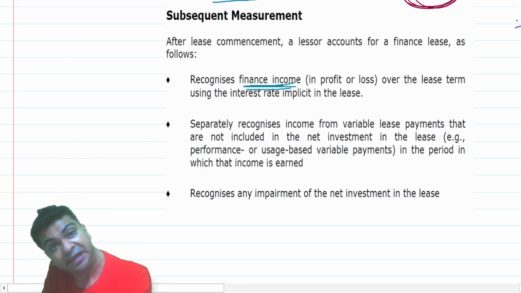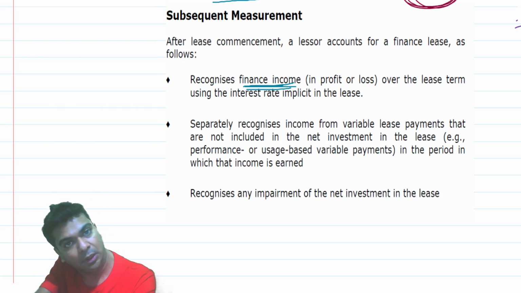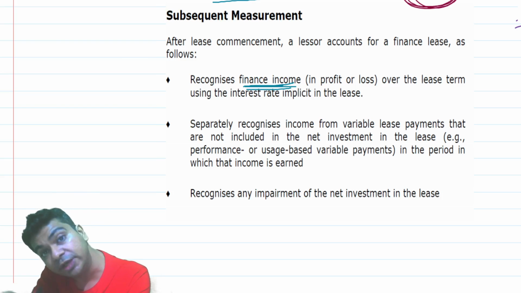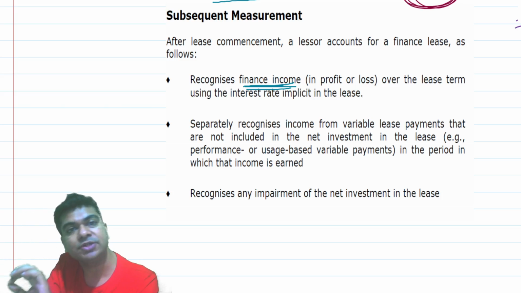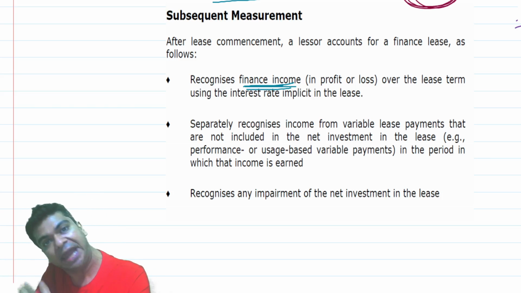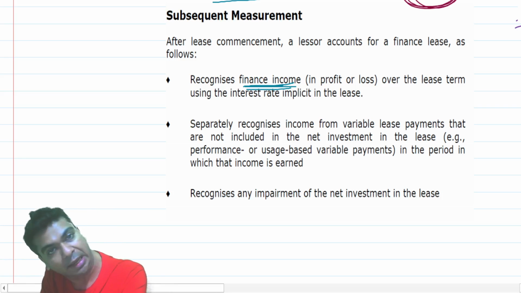Similarly, if you are receiving any variable payments which are not included in the lease payments, for example, as a lessor, I have told you that you have to give me 1% of sales. So this 1% of sales that I am receiving is my additional income. This income naturally should be recognized in the P&L.